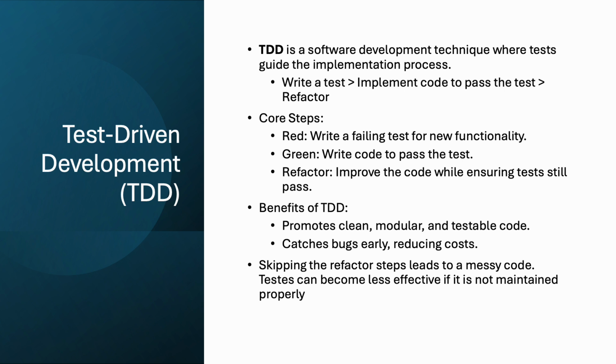So the benefits of TDD are it promotes clean, modular, and testable code, and it catches bugs early, helping to reduce costs. Something to keep in mind is if you happen to skip the refactor step, it'll lead to messy code. Tests can become less effective if they are not maintained properly.